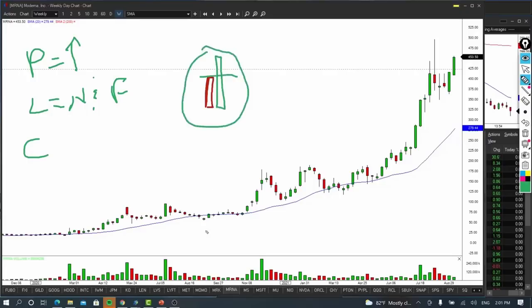Now, I have to mention this as well. Very important, traders. Your color change does not have to come on the very next bar. It can be like this. Then that's the color change.